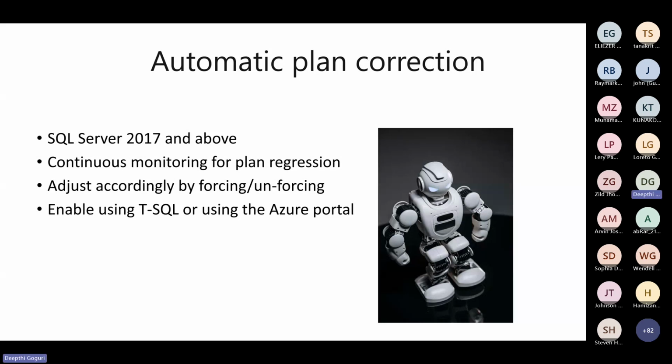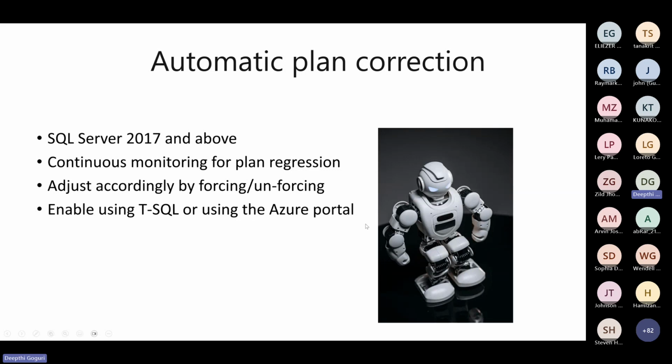Again, it has the information of all of those execution stats, so it will compare, and then it will always force the last good plan. So you do not have to worry about monitoring any of that. It will take care of it for you.